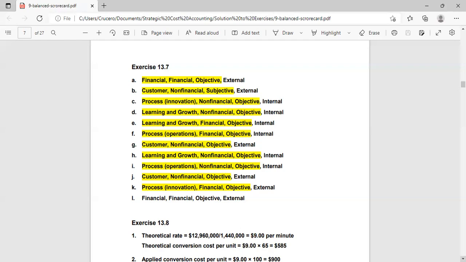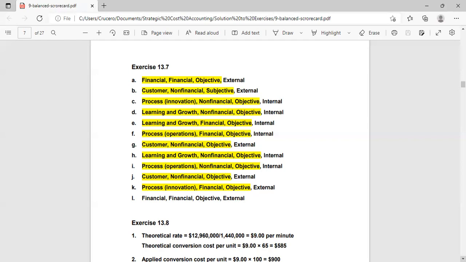So we have customer related, non-financial, objective, and external. For letter K, percentage of revenues from new sources. So we now get to letter K, process, innovation, financial, objective, and external. So for 13-17.